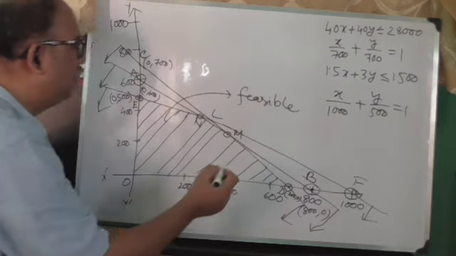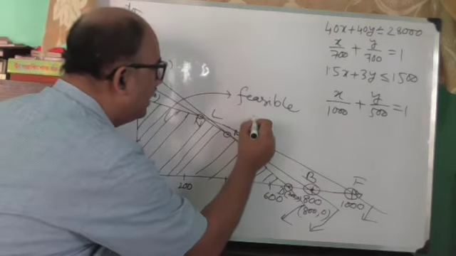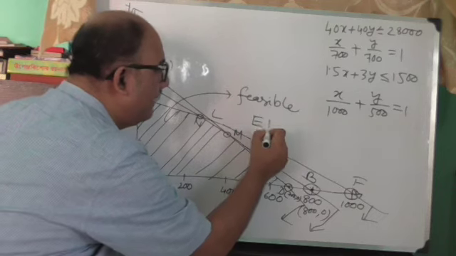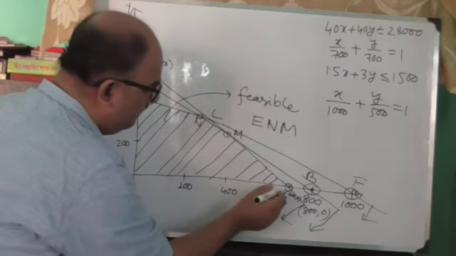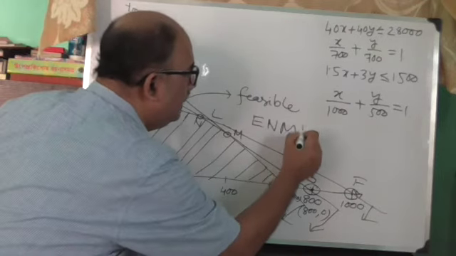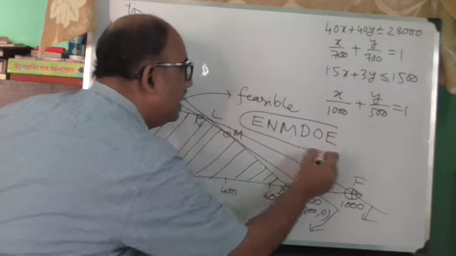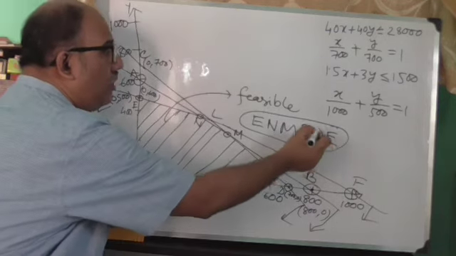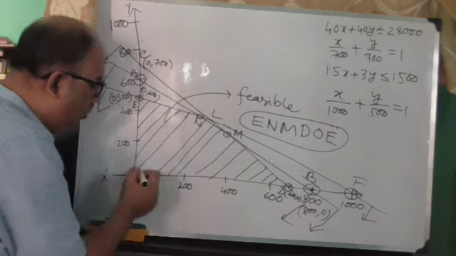If we start from E, then N, M, D, O, E, then E, N, M, D, O, E is our feasible region.